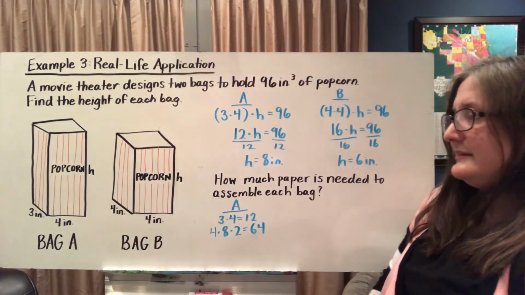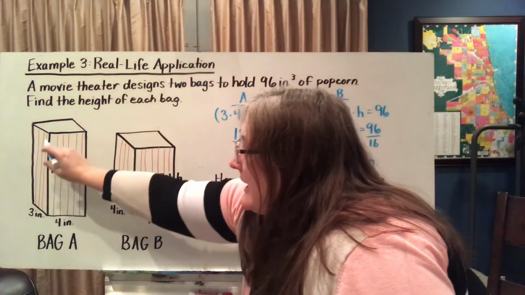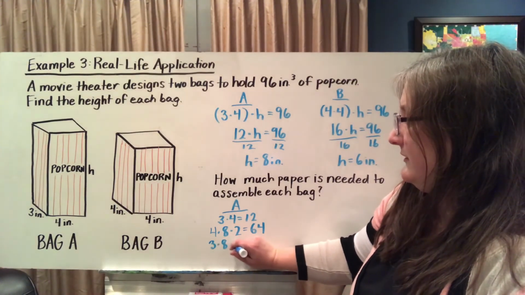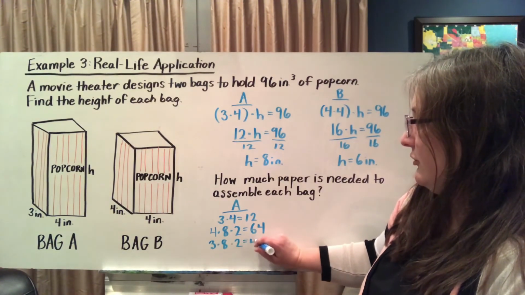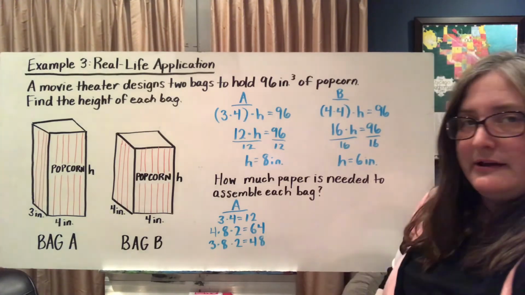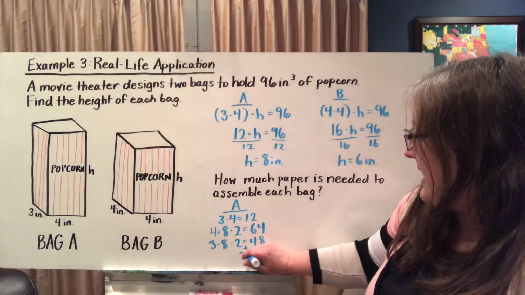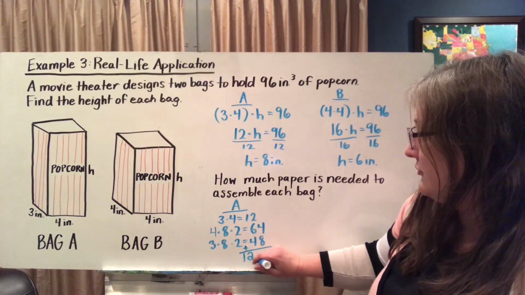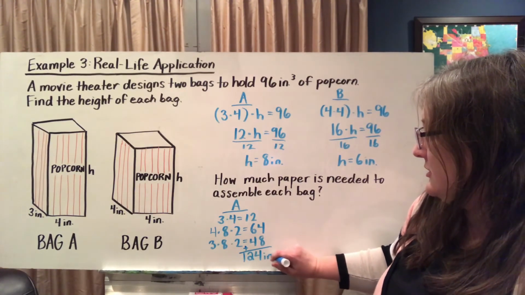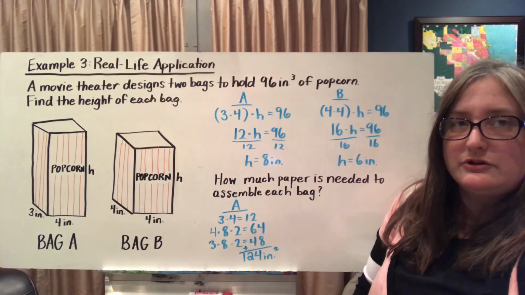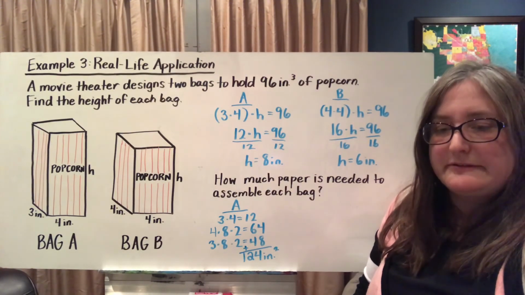Now the side pieces are going to be 3 by 8 rectangles. So 3 times 8, there's going to be 2 side panels. So I get a total there of 48. So I want to add up these 5 sides, and for bag A, I get a total of 124 inches squared. So 124 square inches of paper are needed to create this bag.